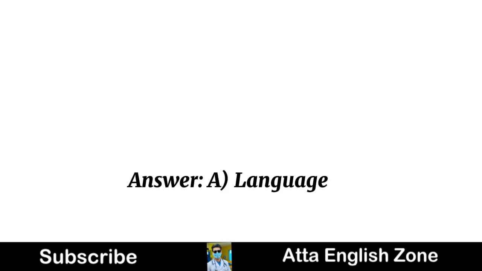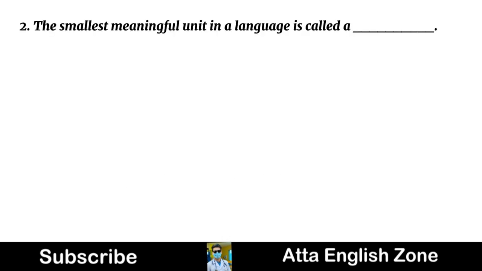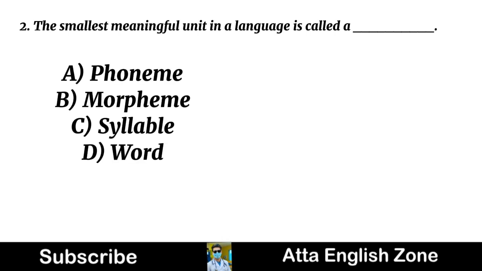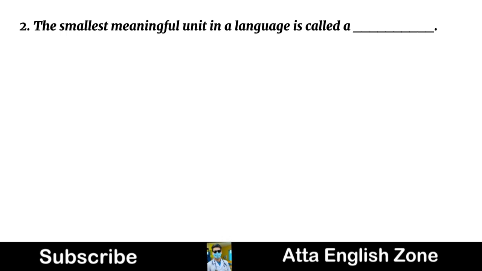Correct answer is A, language. The smallest meaning unit in a language is called a phoneme, morpheme, syllable, word. Answer is morpheme.